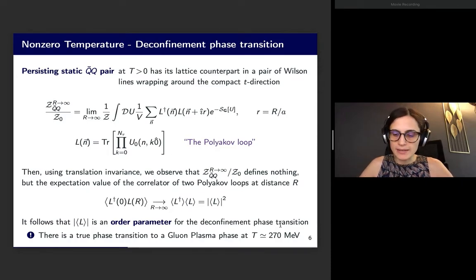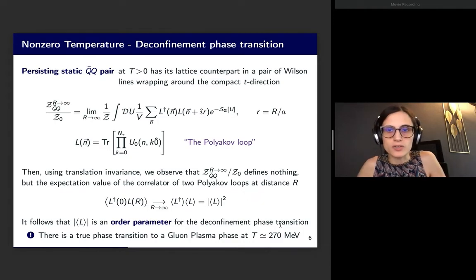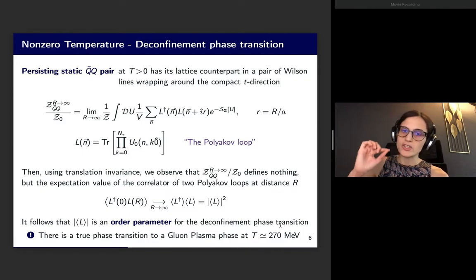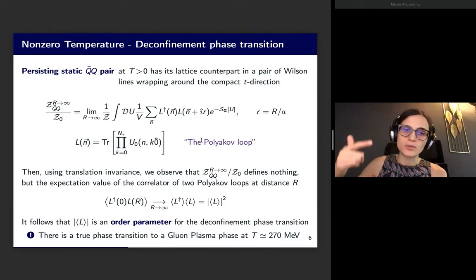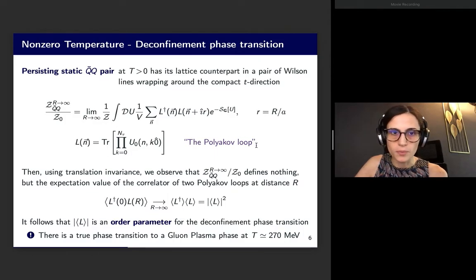And we know that at the leading order in that expansion, the propagator is just a product of a straight line of gauge links. And this is exactly what's happening here, just that the gauge links are all aligned in the temporal direction, and they build together what we call the Polyakov loop. Not just one of them, because we have a static source and a static anti-source. So one of them corresponds to a Polyakov loop, and the other one corresponds to the dagger of the Polyakov loop at a different position.